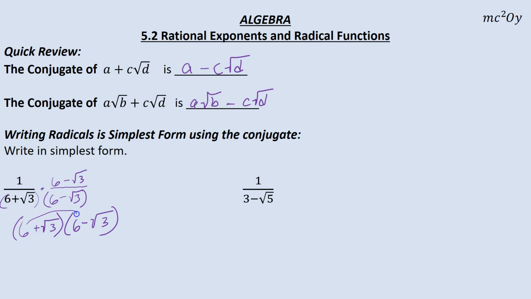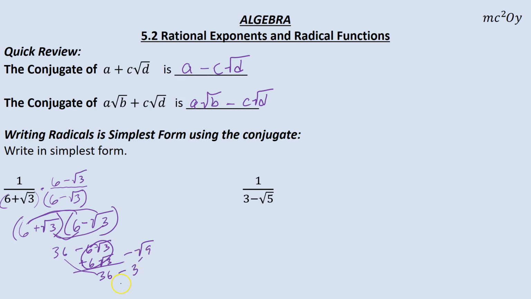That gives me 36 minus 6 root 3 plus 6 root 3. And so there's how you get rid of your radical. And then root 3 times negative root 3 is negative root 9. So notice this part is 0. I end up with 36 minus root 9, which is 3.